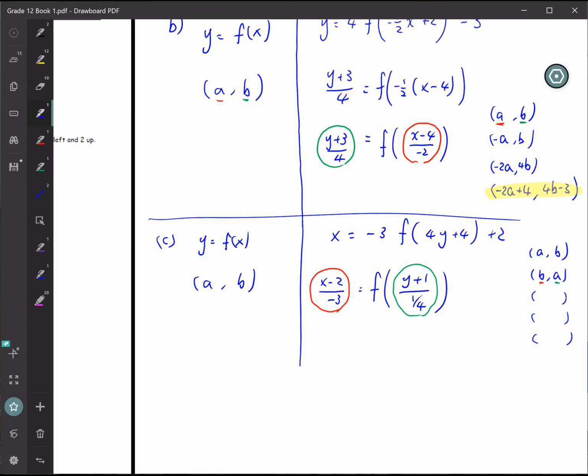Okay, where is the new point after reflection? Okay, Chris Young. Negative b and a. A, very good. Okay, and Colin Young.